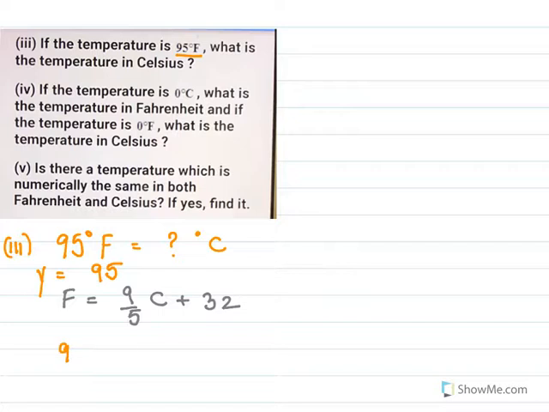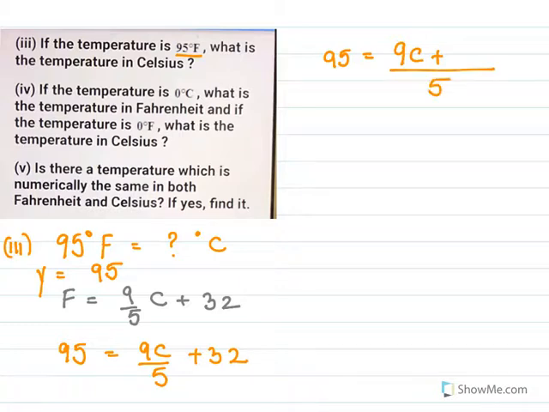And we need to substitute, so we have 95 equal to 9c over 5 plus 32. So 95 will be equal to 9c plus, take the LCM as 5, so that is 160. Then we cross multiply, and here we have 95 into 5 equal to 9c plus 160.